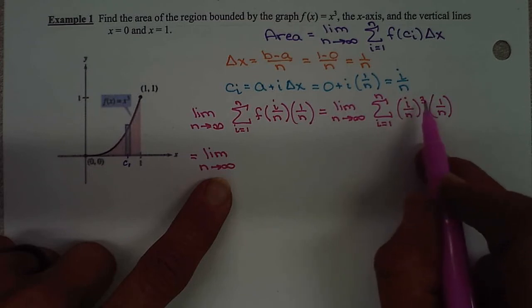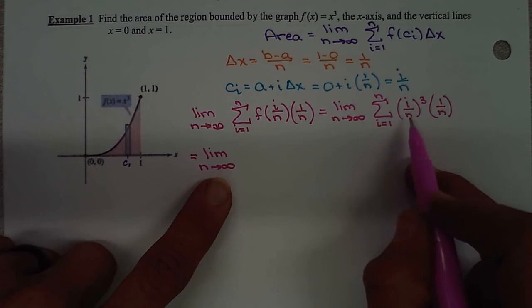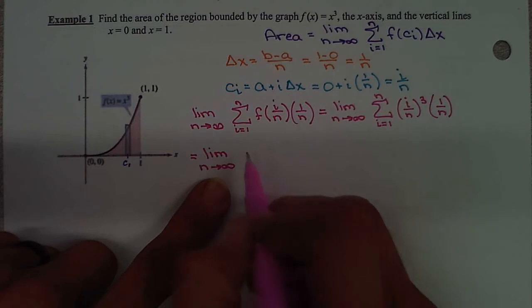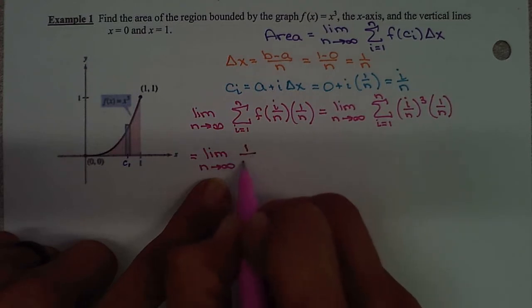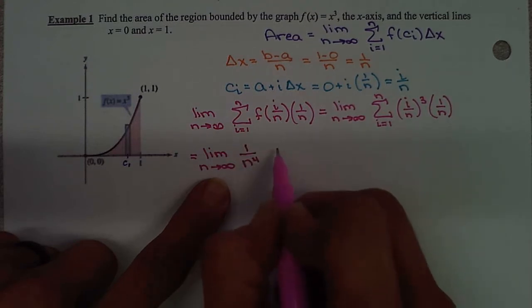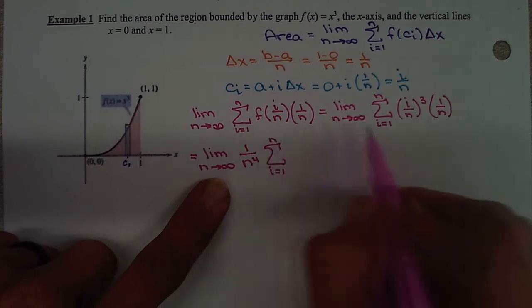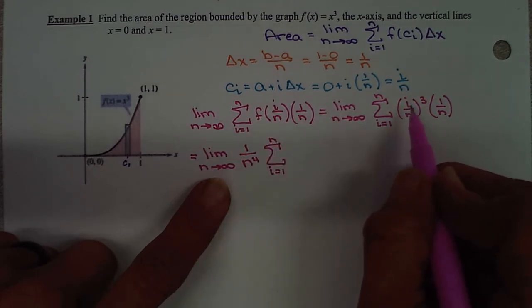So if I were to cube this i over n, I would have an i cubed over n cubed. And I could take this n cubed and combine it with this n over here to make a 1 over n to the 4th. And then that 1 over n to the 4th can come outside of the summation. So 1 over n to the 4th, and now I'm going to put my summation from i equals 1 to n. And all that's left inside now is going to be this i cubed.